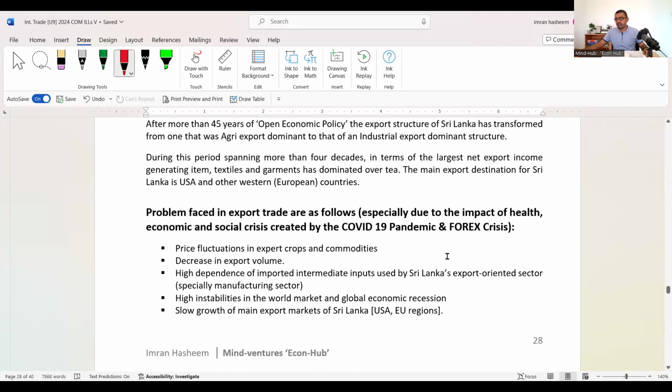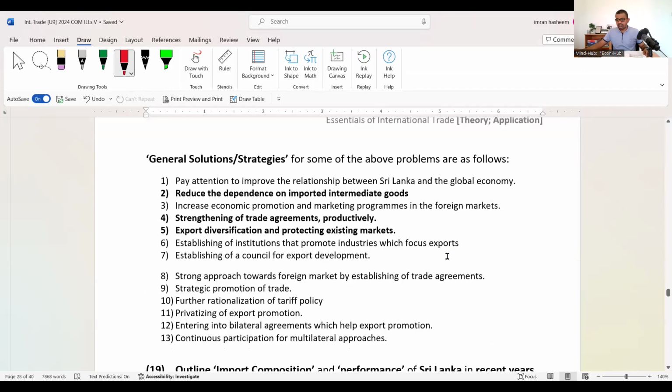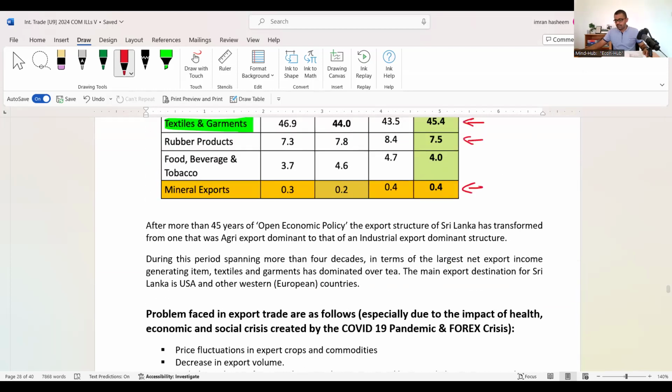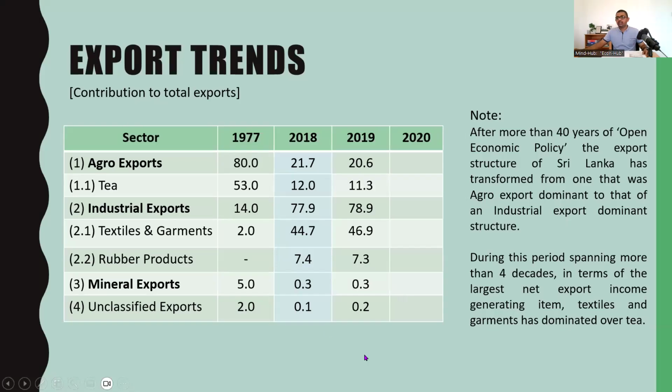Then if I go to the slides, I can finish a certain part here, and I'll come back to that. Okay. If you look at a small trend now, ignore the values for 18, 19, 20, those we have discussed now. I wanted to focus on 1977 when Sri Lanka more or less adopted this open economic policy, right?